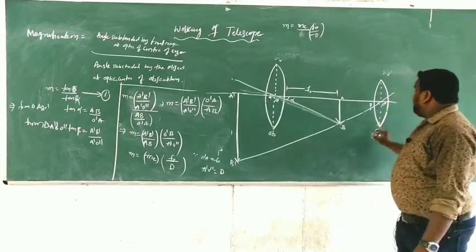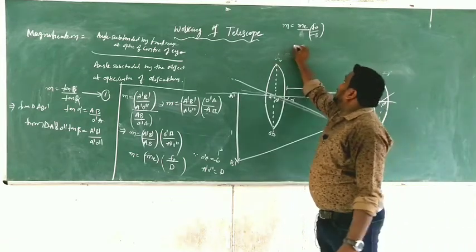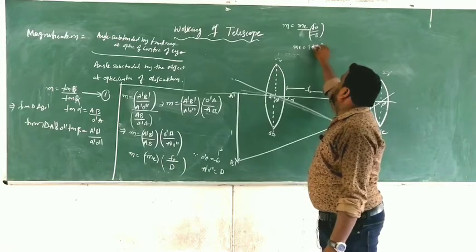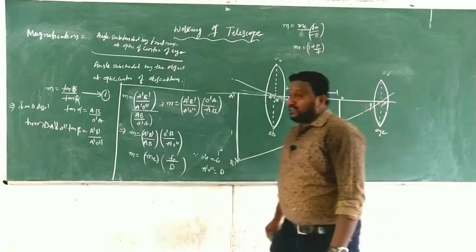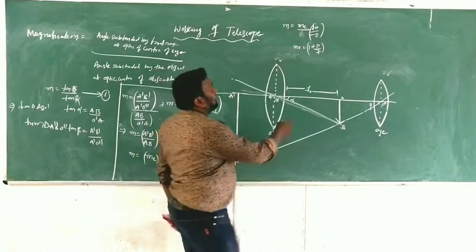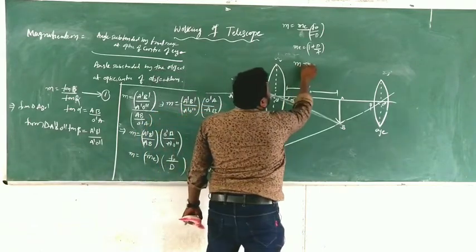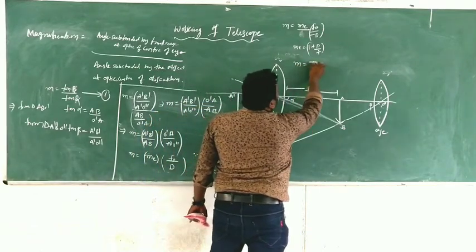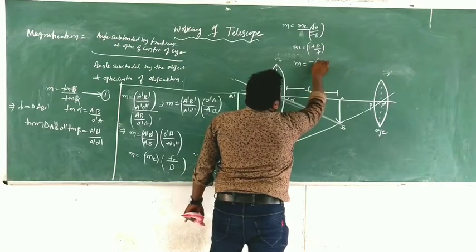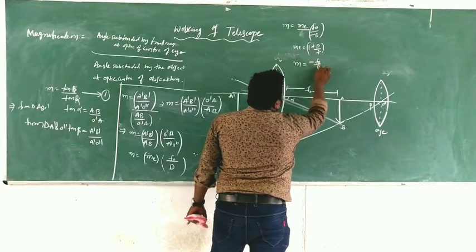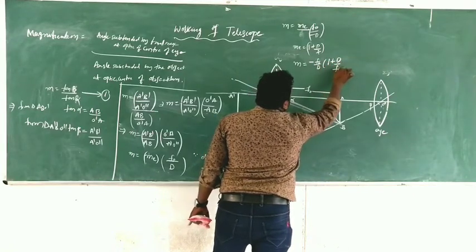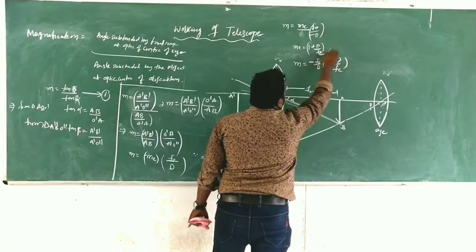That's why here we are writing ME is nothing but 1 plus D by F. Then substitute here, M is equal to minus F naught by D into 1 plus D by FE. It is for the eye lens.